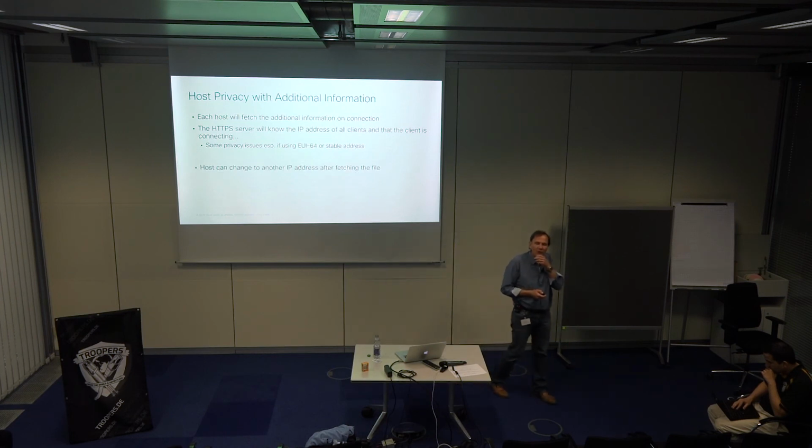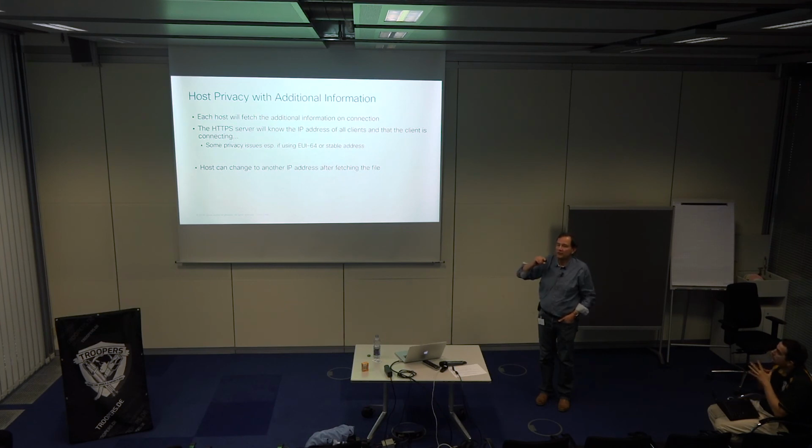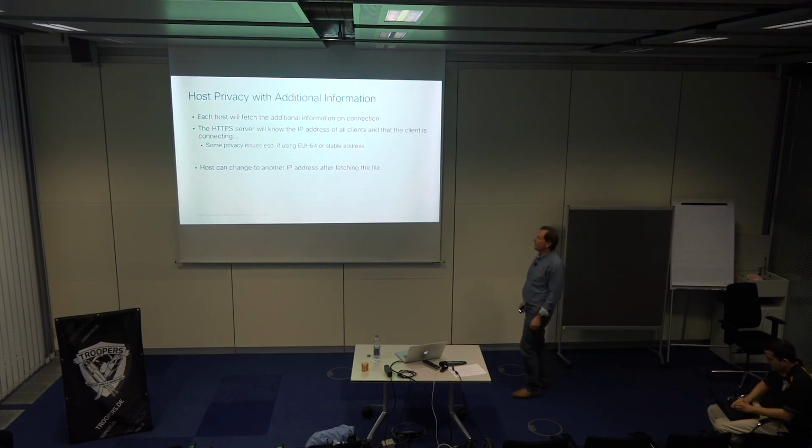But if you don't like this, and some people do not like this too much, the host, and that's what you write in the draft, should change its v6 address as soon as it gets the JSON file. So it generates address 1, fetches the JSON file, gets it, generates address 2, deprecates address 1, and uses address 2. Then, of course, you are fine.